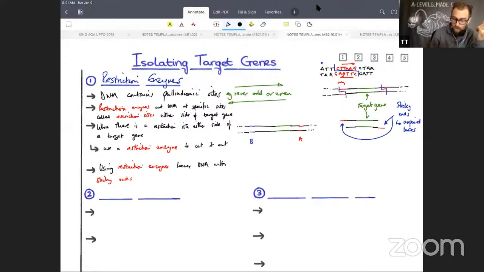I'm probably just going to delete that bit that I've just drawn there, but basically the restriction site is specific, and the restriction enzyme is specific to whatever the palindromic sequence is. The sequence of bases is what's going to be the substrate for the enzyme, and so the sequence of bases is complementary. It's not complementary to the active site of the enzyme.